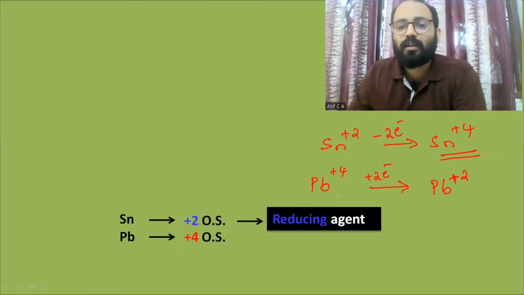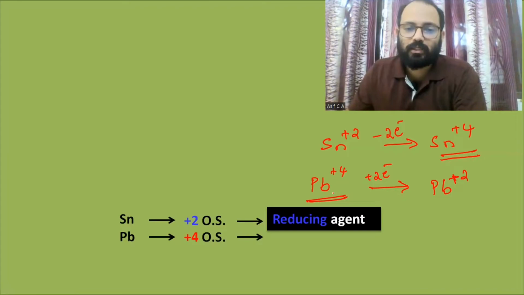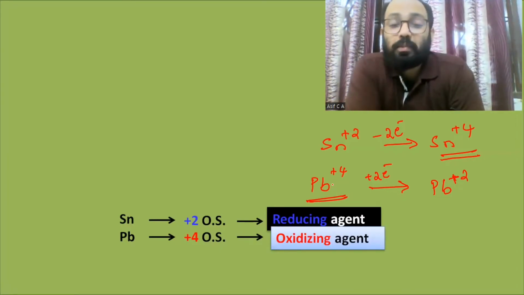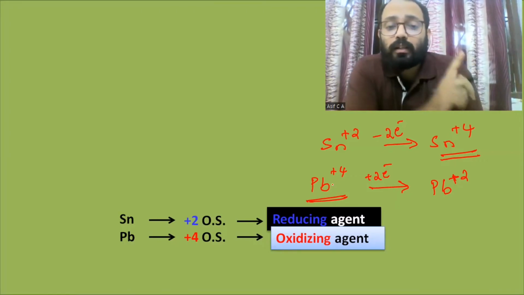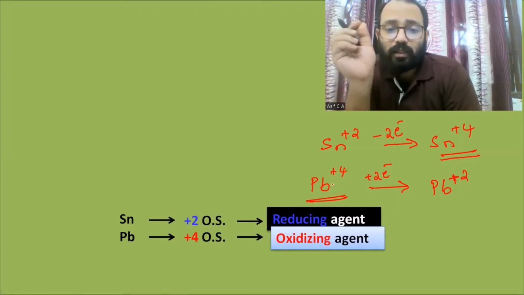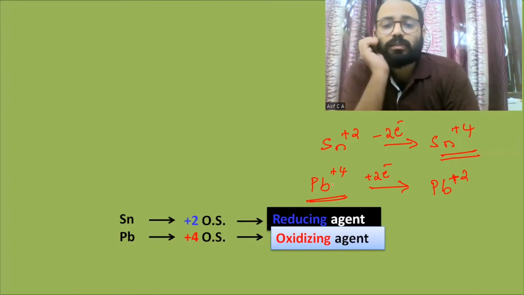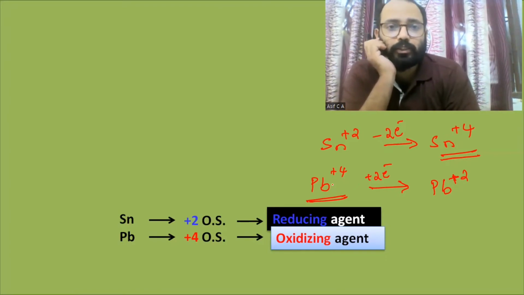So it will be a good oxidizing agent, ready to oxidize the others. So remember, lead in +4 oxidation state is oxidizing, and tin in +2 oxidation state is a reducing agent.